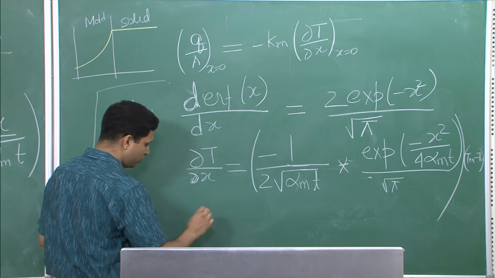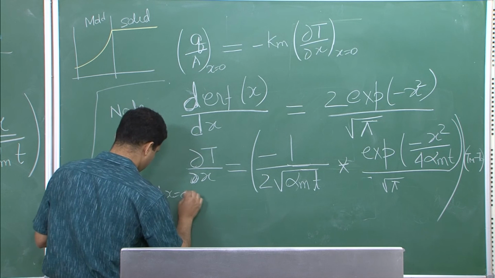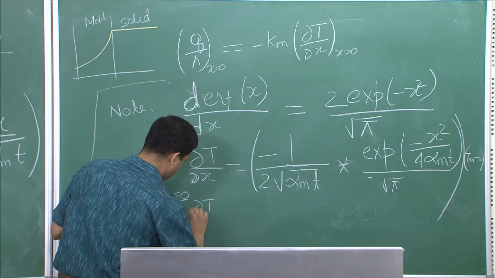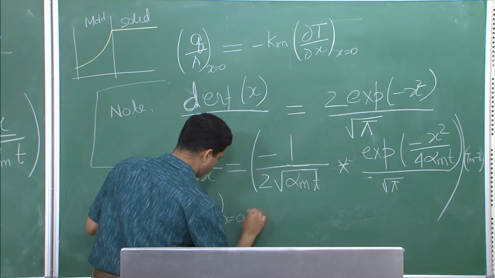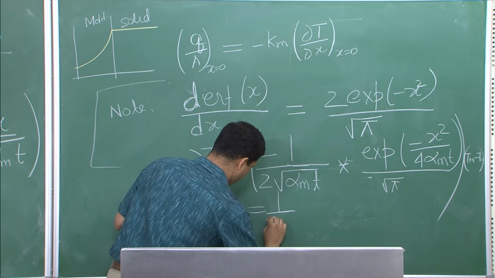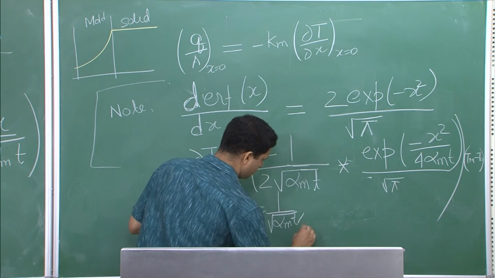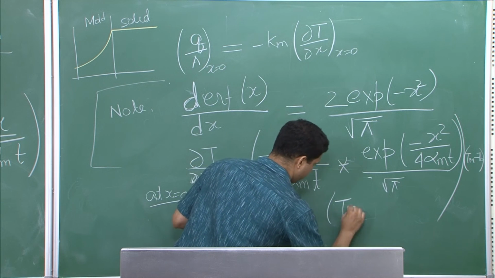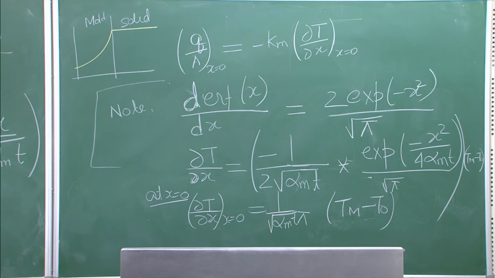If you put x equal to 0, I am putting the equation, and you can easily see that it comes out from the above equation. So, this is the del T over del x at x equal to 0, and then we will have to multiply it.